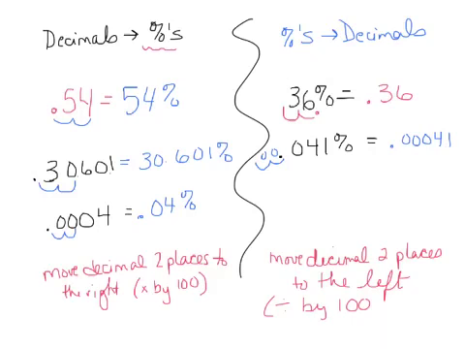Or if it was 422%, I would begin the decimal place here, move it to the left, and it becomes 4.22. And that becomes my answers.